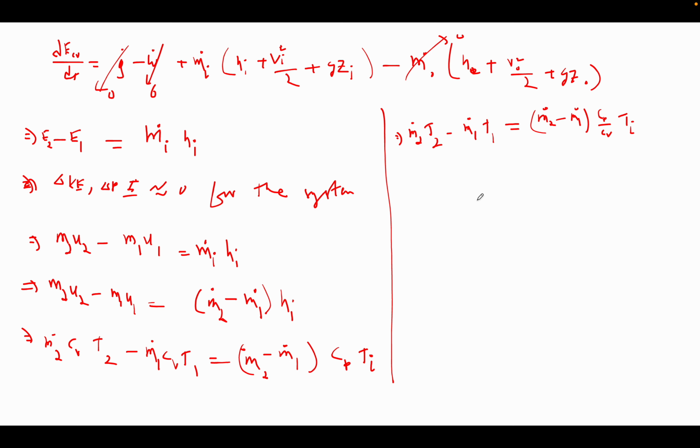Now we know that in an ideal gas PV is equal to mRT, so m is equal to PV by RT.